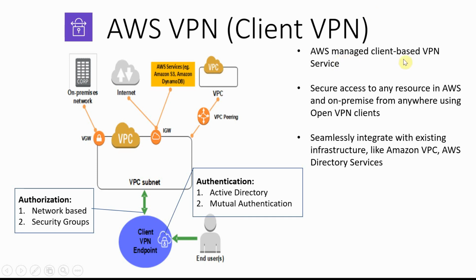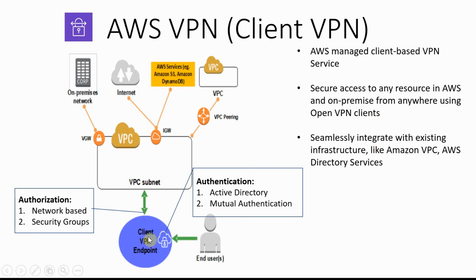Generally it is AWS managed software, providing secure access to any resources in AWS and on-premise from anywhere, using OpenVPN clients. This OpenVPN client supports all the popular open source VPN clients as well.